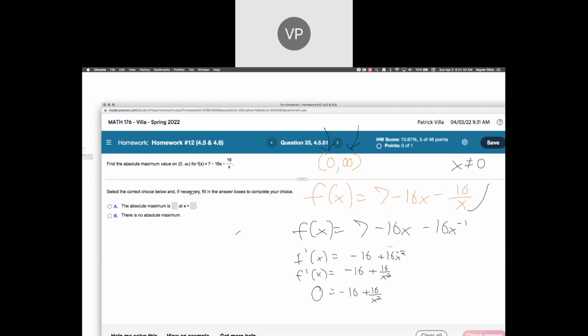And as I did for that last problem, my simple way is I just come along and multiply every term by x squared. So we multiply this by x squared, we multiply all this by x squared, and that's how you get the next line. You get a 0, you get a -16x squared, and you get a 16.